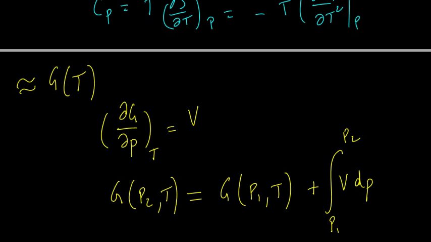I am talking of small changes in pressures. Can we neglect it for gases too? No, the volume of gases changes a lot. The volume of solids does not change much when I change the pressure.